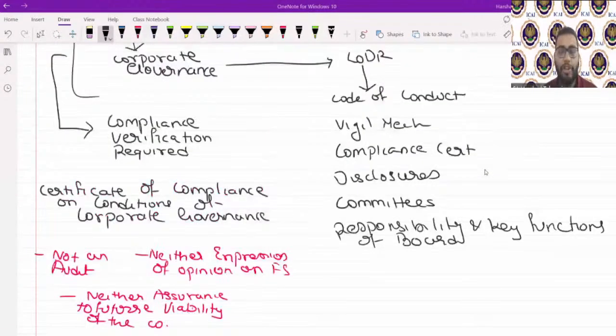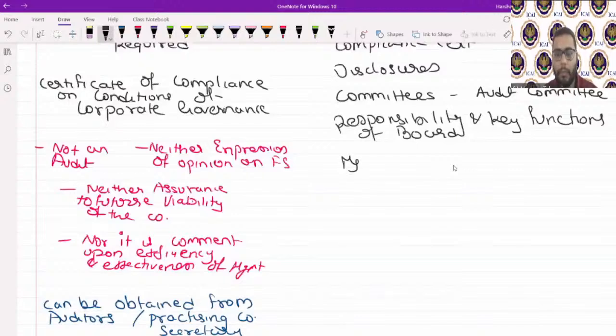Composition of audit committee. So when I say committee, it will also include my audit committee. Then management of subsidiary companies. Procedure related to risk management.